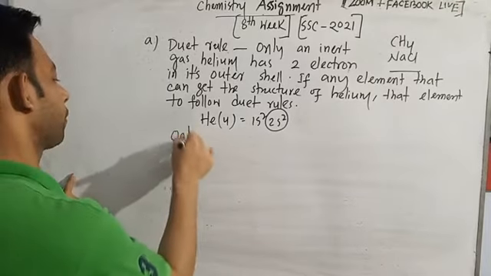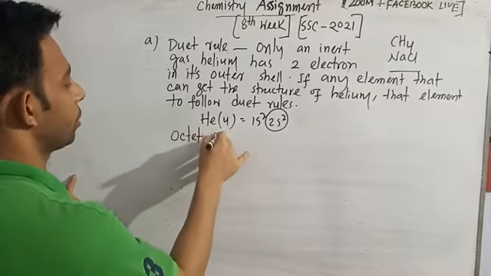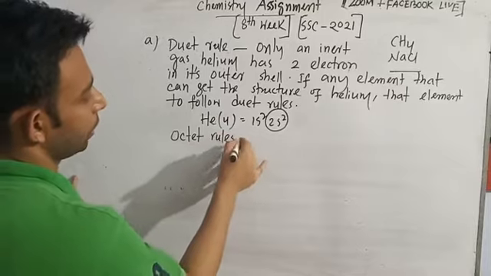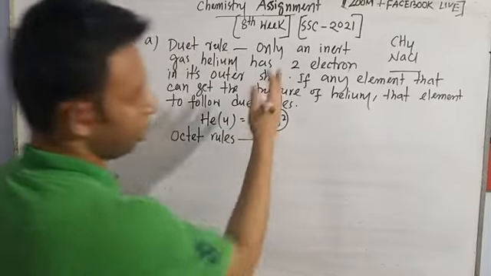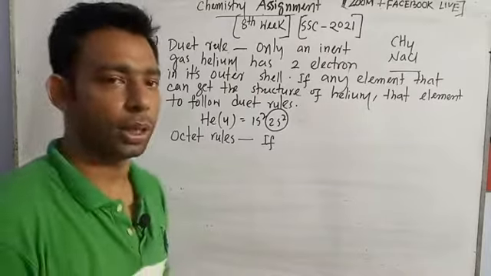Next, the octet rule. All the other inert gases follow the octet rule.